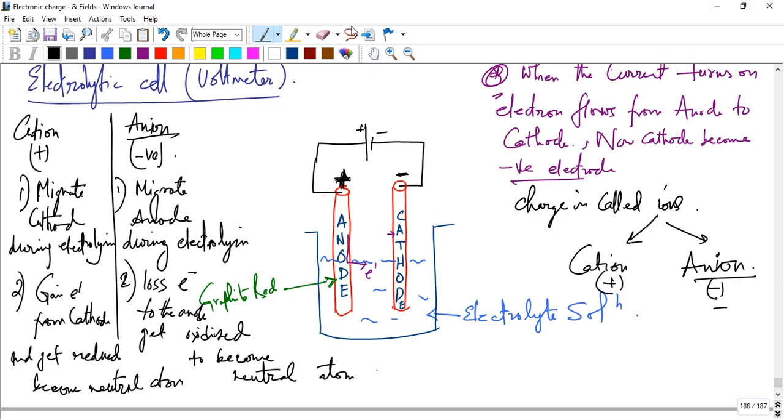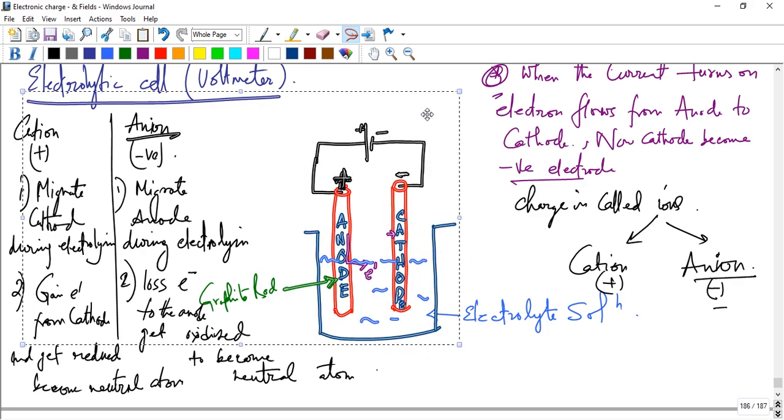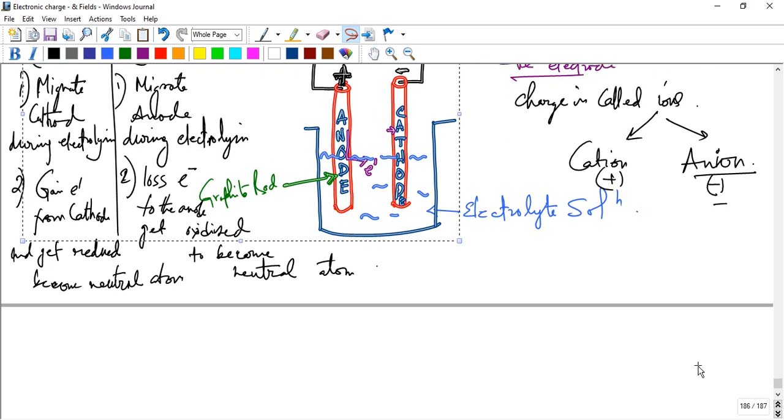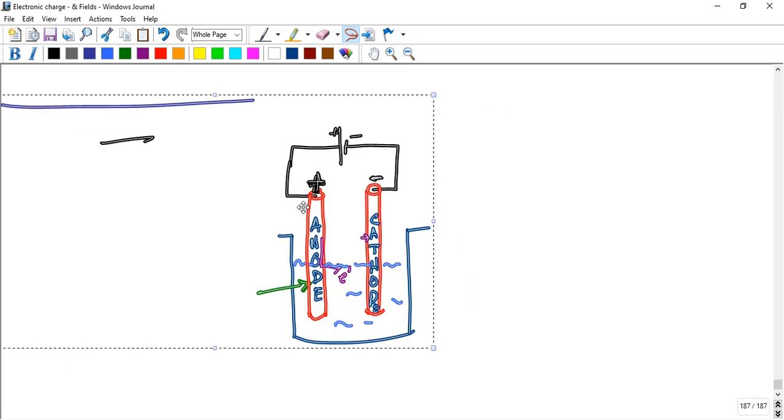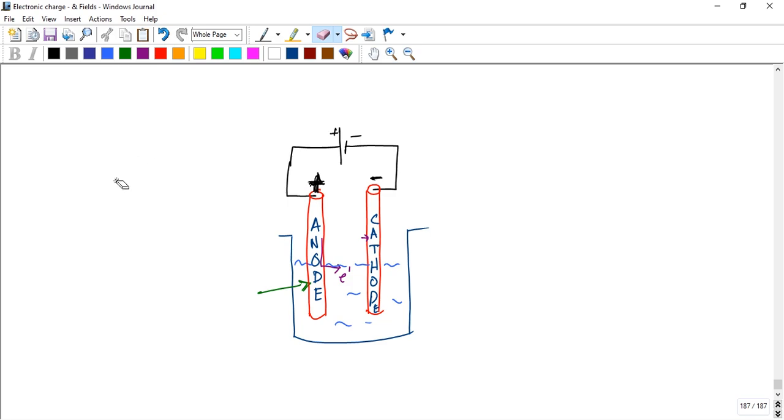Now there is a little bit of change. The change is that now there is a battery, okay, and after connecting that battery to the electrolytic cell, this anode gets hugely positive and this cathode is hugely minus here.